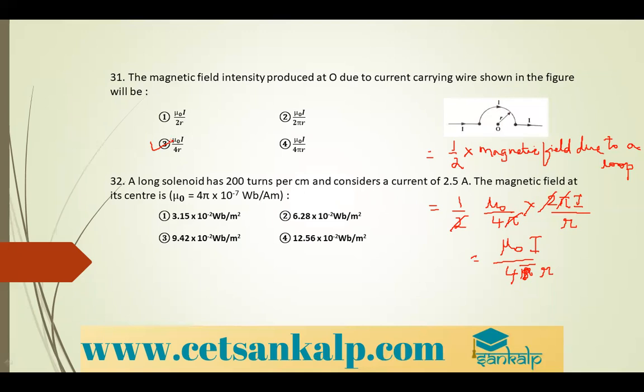Again we have the formula B is equal to mu naught n into I. Mu naught value is 4 pi into 10 to the power minus 7 into n, which is 200 per centimeter, that is 200 into 100 per meter, into 2.5. So solve this.